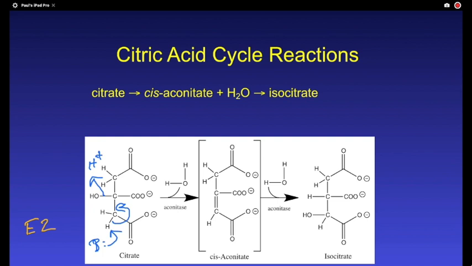Now what happens? I'm going to hydrate it. I'm going to add water across that double bond. All right? But to add water, what happens is this carbon now has a hydroxide attached to it. How do I change a water into a hydroxide? You take a base and you deprotonate that. This will attack at that carbon. Why does it attack at that carbon?